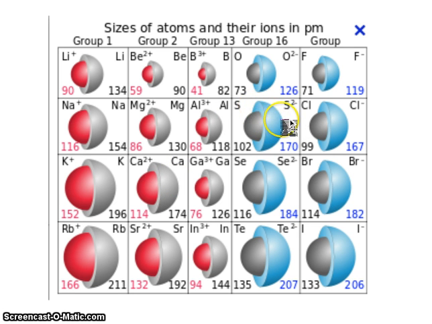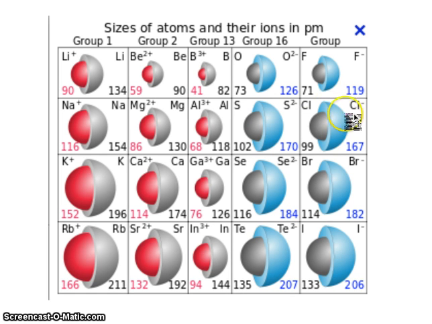When we look on the other side of the periodic table, we can see that here we have negative ions. On the right-hand side of the periodic table, you're more likely to gain electrons to become negative when making an ion. And here, when you gain electrons, it gets larger because with more electrons there's more of this repulsion factor making it larger than the atom. So you have fewer protons for the electrons.